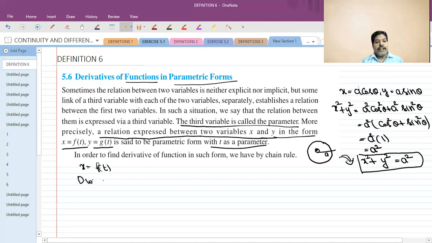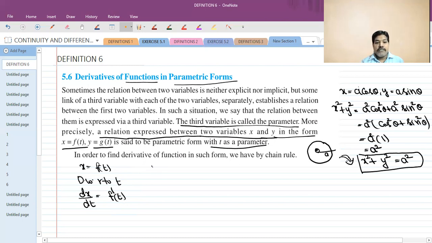We differentiate not with respect to x here, but with respect to the parameter, that is t. So we get dx by dt is equal to f dash of t, because the derivative of f of x with respect to x is f dash of x, so f of t with respect to t is f dash of t.